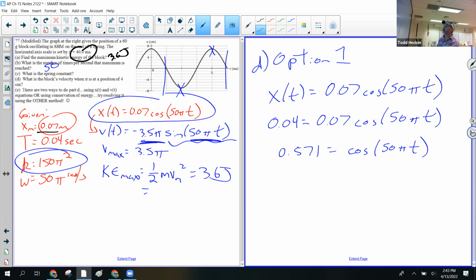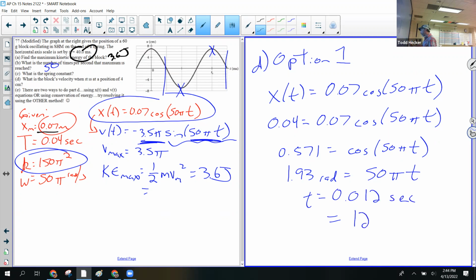Plus these omega values are in radians per second. So we have to have our calculator in radians. If you figure this out, you get 1.93 radians equals 50 pi times t. Divide both sides by 50 pi, and you get t equals 0.012 seconds, which is the same as 12 milliseconds.